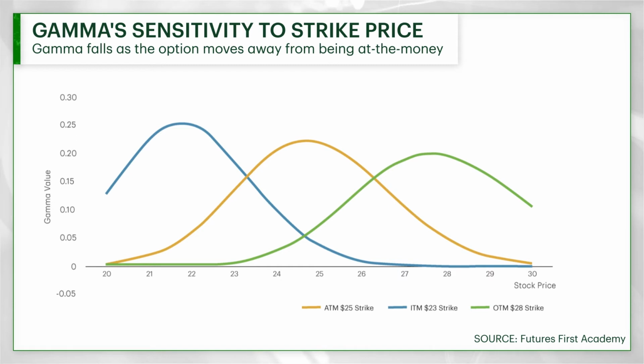You will be able to reach your goal faster. And the moment you move beyond peak gamma, that is, if the option is no more at the money, that is, if the price moves away from the strike price of the option, you would still make money, but the gains in value would start getting reduced.